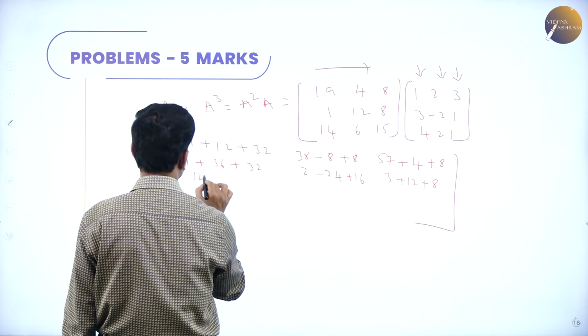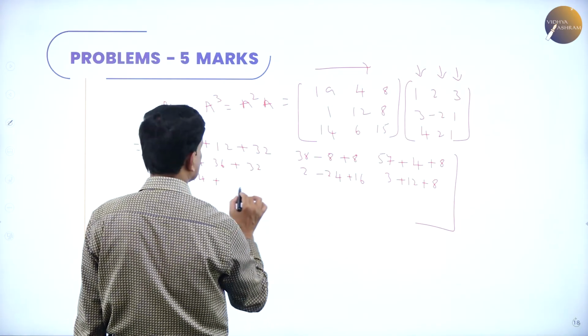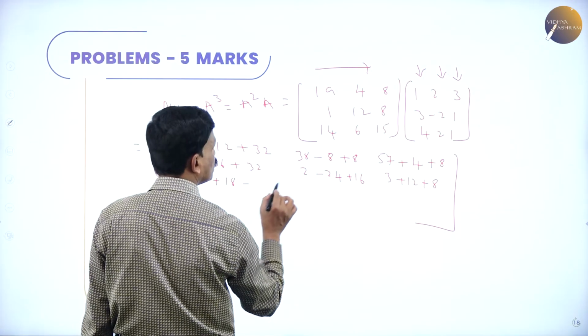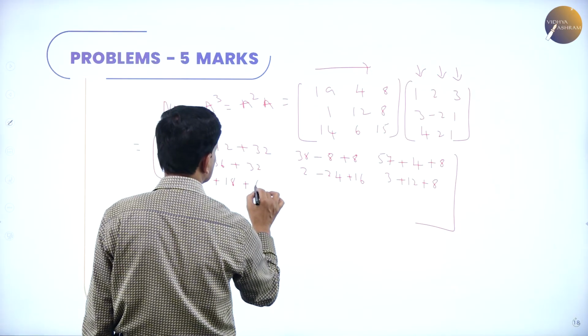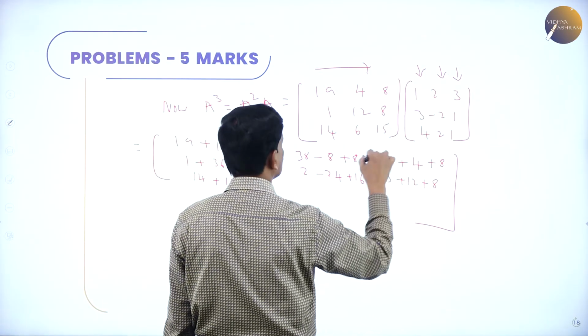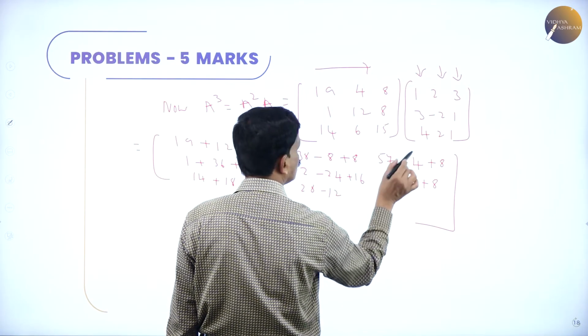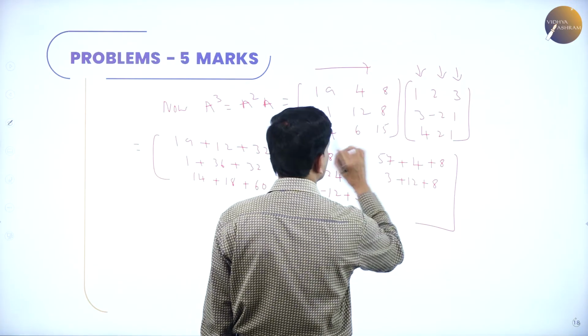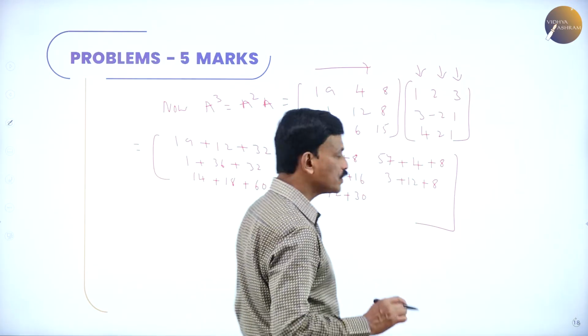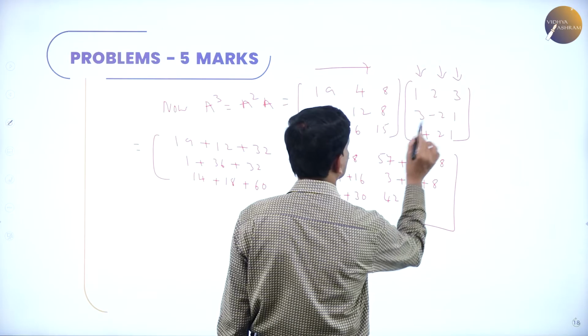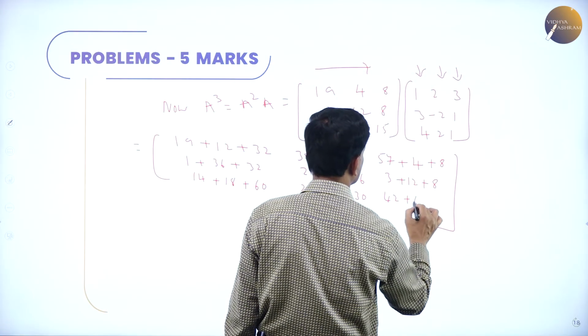14 ones are 14 plus 6 threes are 18 minus 15 fours are 60. Again second row, second column, 14 into 2 is 28 minus 6 twos are 12, 15 twos are 30. Again 14 into 3, 42. This is 42 plus 6 ones are 6 plus 15.